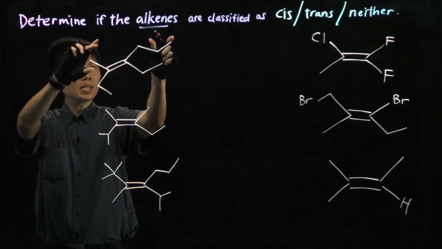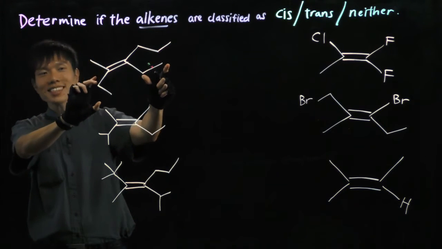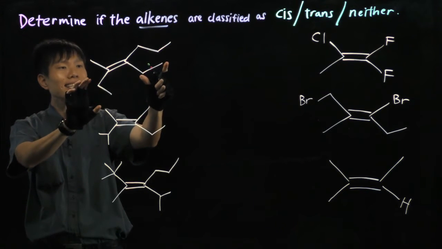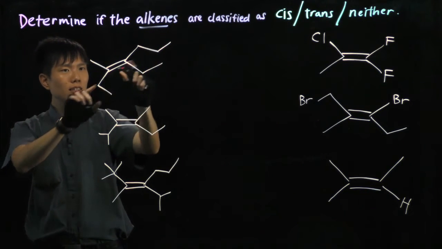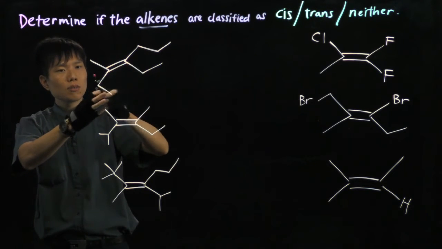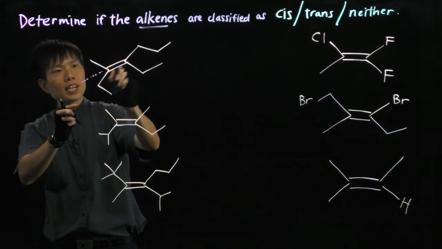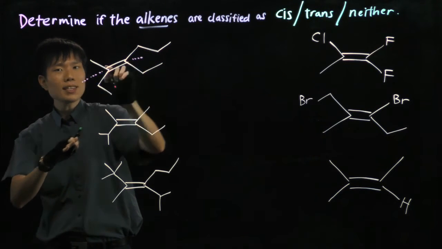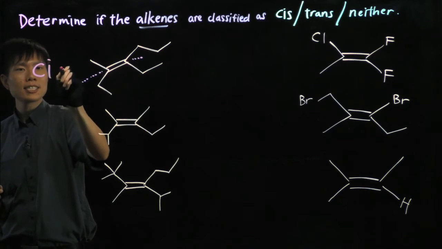So propyl, methyl, ethyl, ethyl. Ding ding! We see that there's some similarity here. In fact, they are identical. Ethyl on each of these carbons of the double bond. Now, when we draw this dotted line here, we realize that they are from the same side. So that means this alkene is cis.